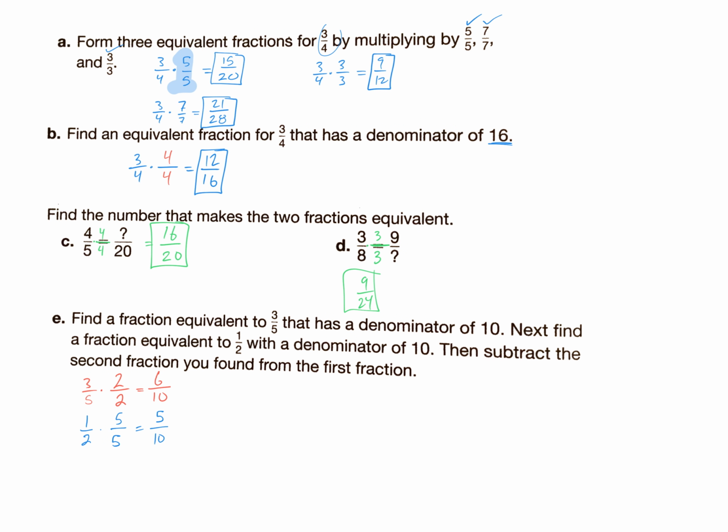And then it says, then subtract the second fraction you found from the first. So I need to say the red one minus the blue one. So 6 over 10 minus 5 over 10. Remember, to add or subtract, the denominators have to be the same. So 6 minus 5 is 1. So my answer is going to be 1/10.